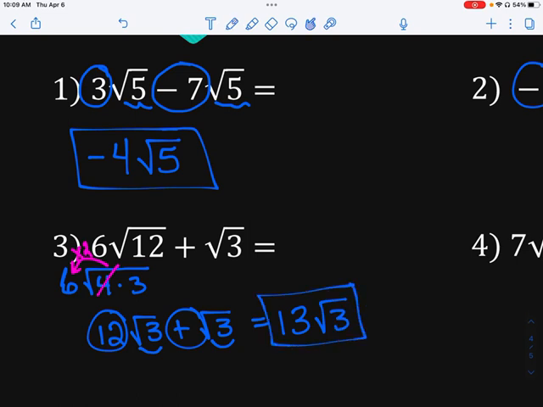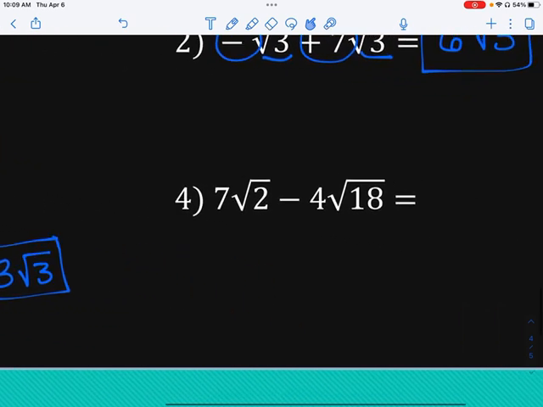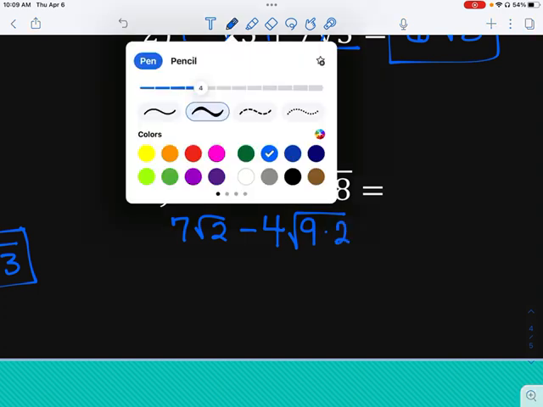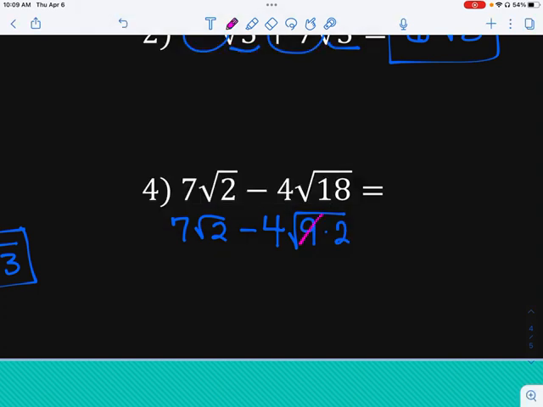Okay, let's try this next one, number 4. So I look across, I say, oh, wait a minute, I have the 4. So I have 7 square root of 2. Nothing changes there. But now I'm going to simplify the second one here. 18 has a 9 that goes into it. So now I'm going to take the 9 and say, okay, square root of 9 is a 3.